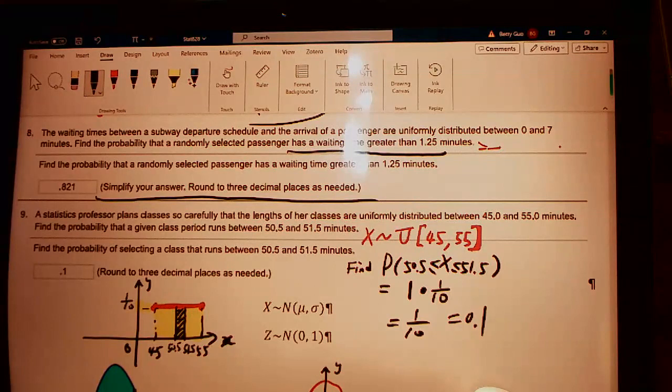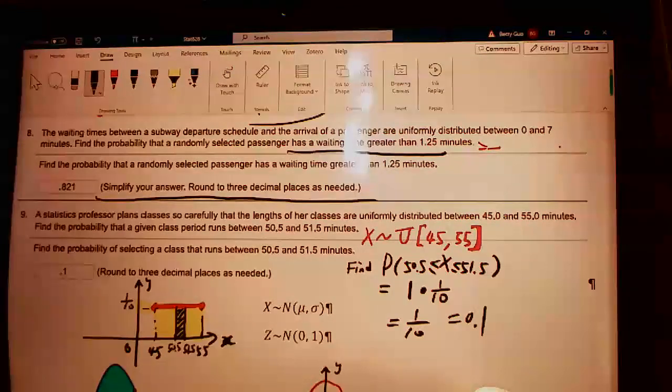I look at the calculator and I do not see the distribution for uniform. So we would have to manually calculate, like what I did for those two examples. Probably we don't need it. It's really just finding the area of a rectangle. I hope after those two questions we have a good understanding and can solve similar problems.